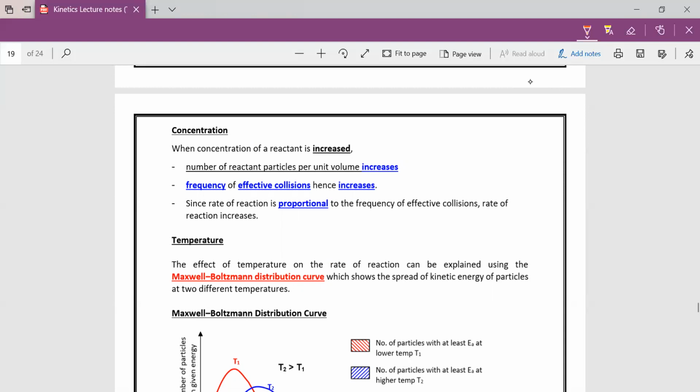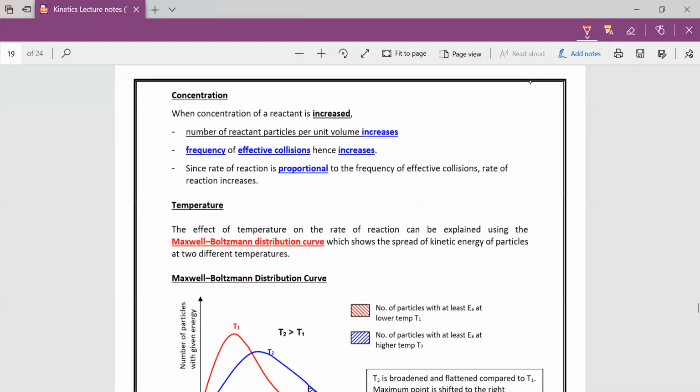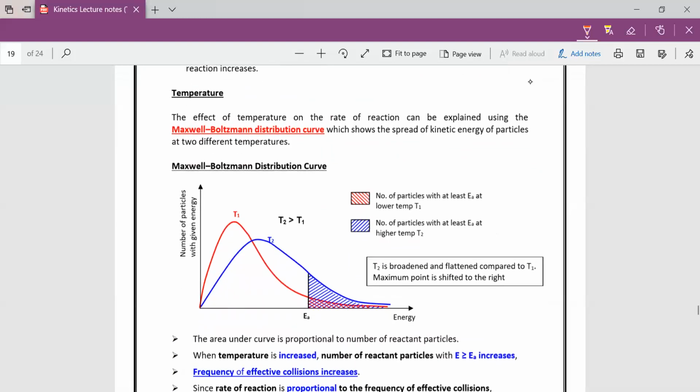All right, so we can explain this using a Maxwell-Boltzmann distribution curve. It's quite a mouthful, but this is what the curve looks like. So basically, your y-axis is the number of particles with a given energy, and your x-axis is your energy. Okay, and focus on the graph with T1.